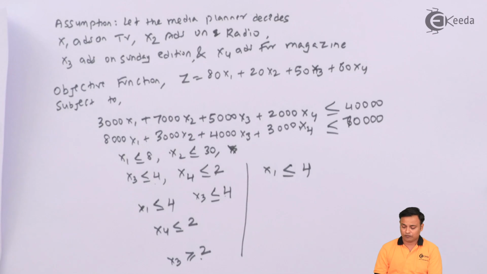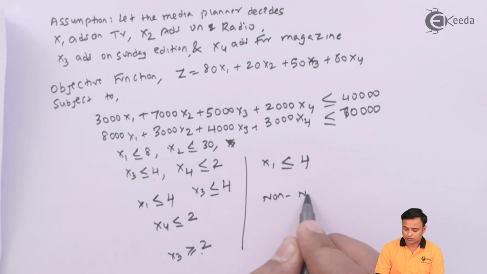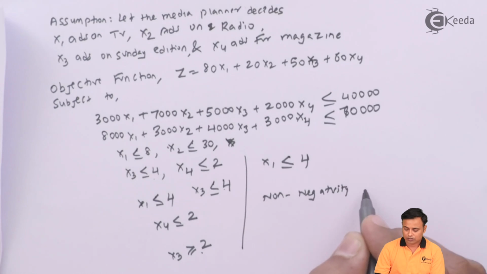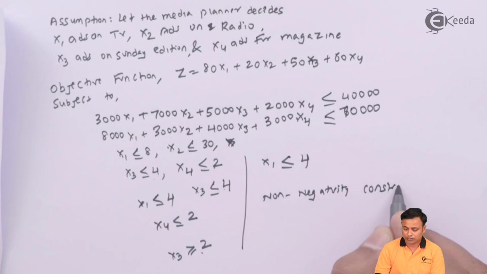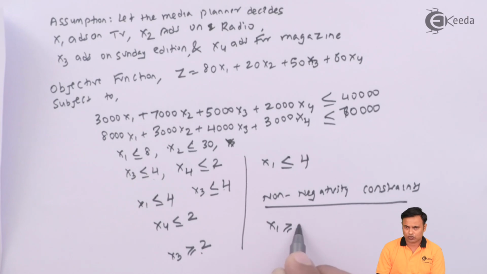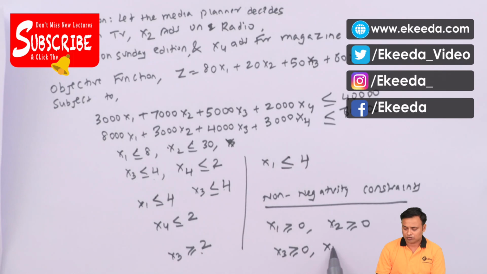At the end, we don't forget to write the non-negativity constraints, which will be x1 greater than or equal to 0, x2 greater than or equal to 0, x3 greater than or equal to 0, x4 greater than or equal to 0.